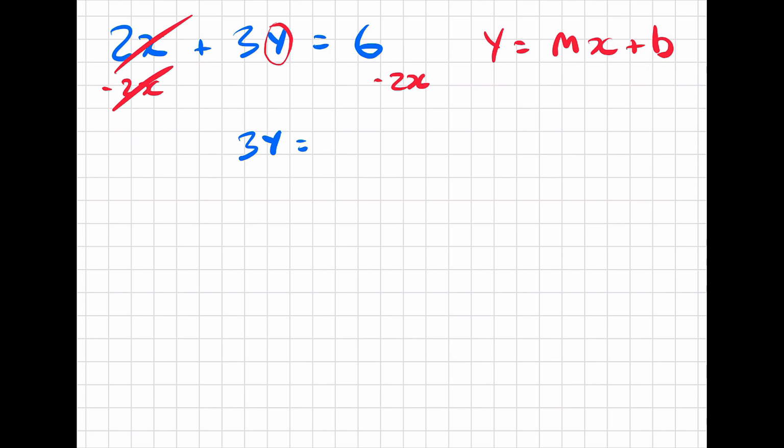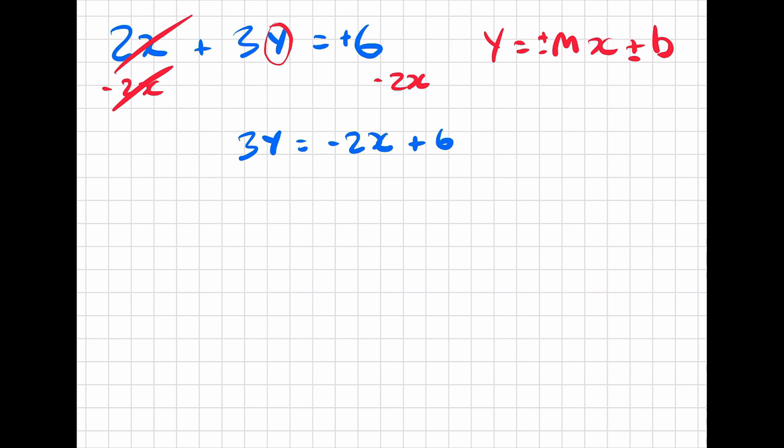Okay, so I'm going to write this as negative 2x, and this is a positive 6, so plus 6. B can also be negative, of course, so this is really plus or minus b.